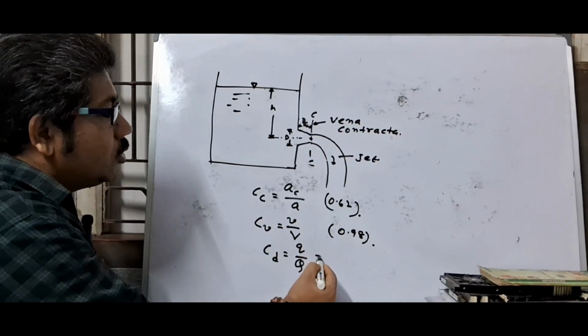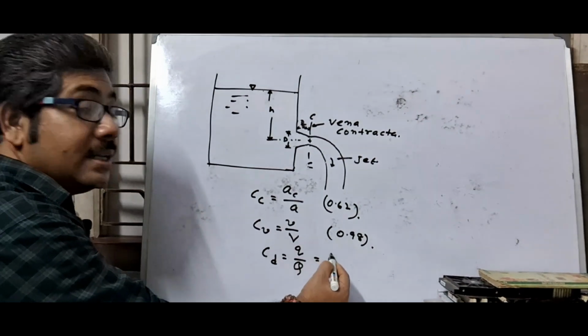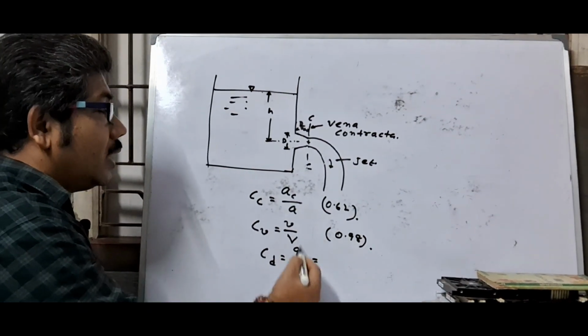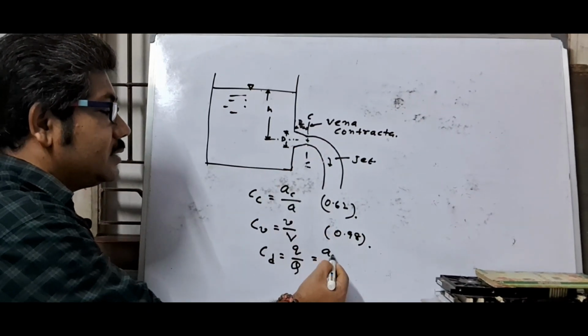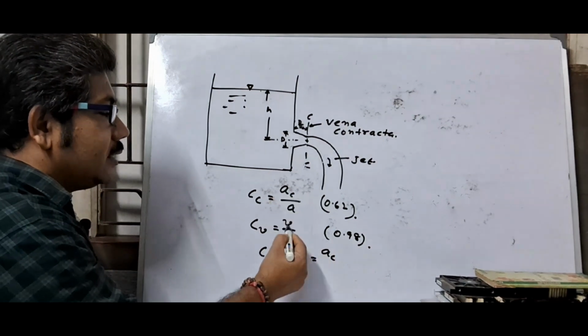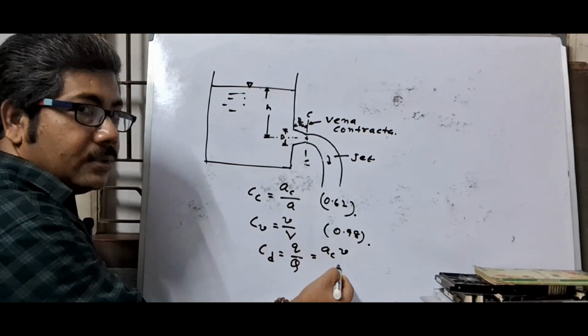We know that discharge means area into velocity. So at vena contracta, this area is A suffix C and this velocity is small v.